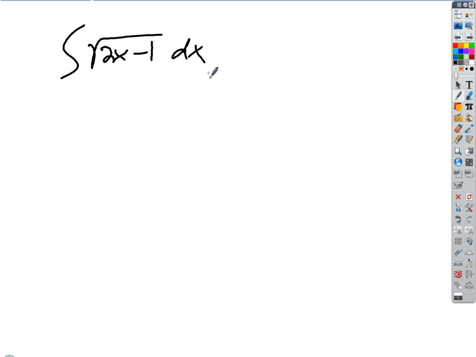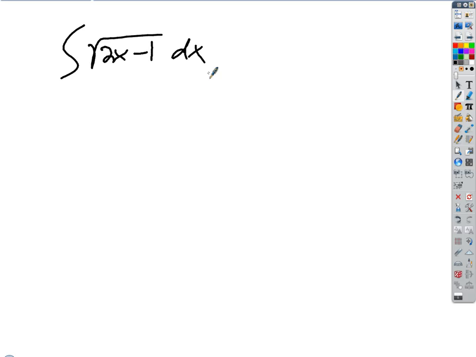Okay, stare at that for a second. What do you think? Can't you just turn it into a 1/2 power? Yeah, we can, sure. We can make it a 1/2 power, but that still doesn't fit one of our standard forms. Do you understand what I mean by that?